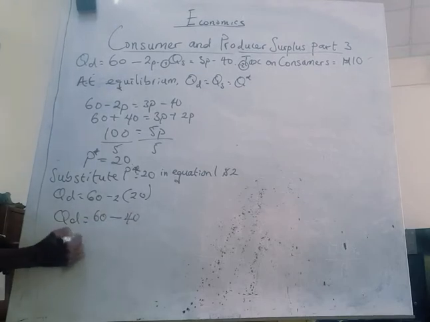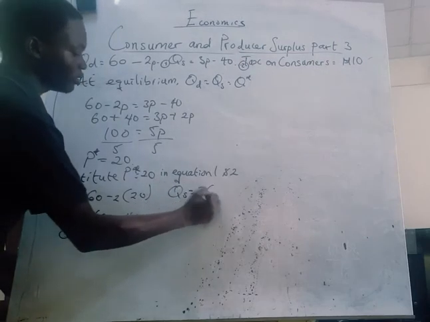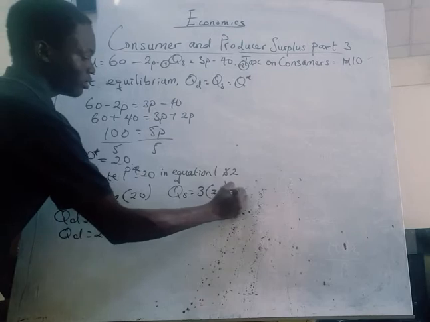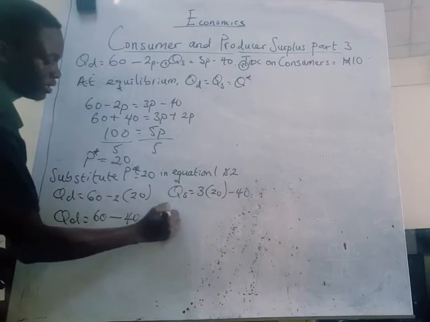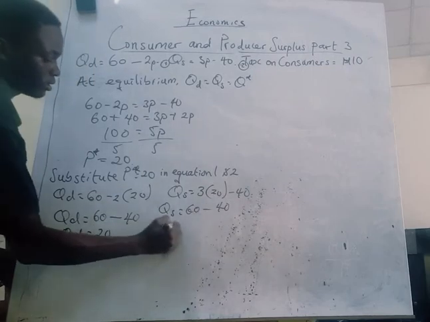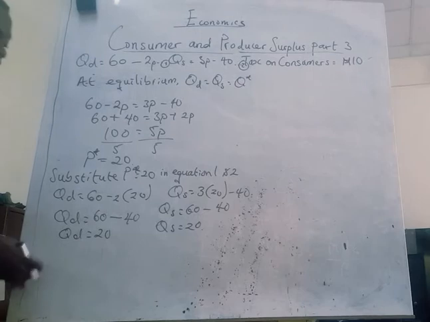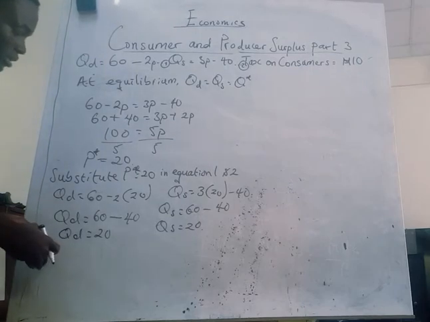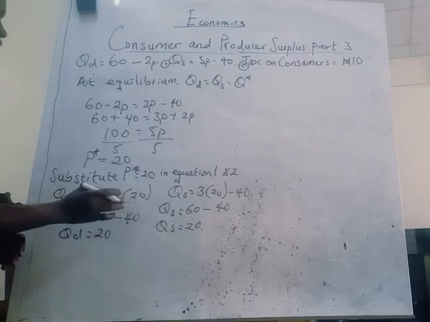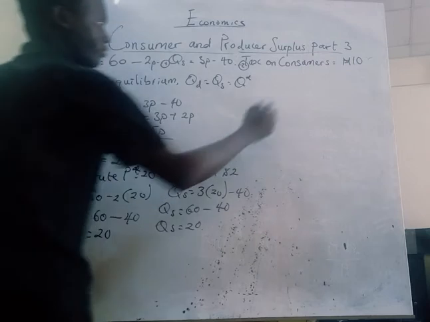So QD now is 20. So let's try our supply function out. QS is equal to 3 into bracket 20, then minus 40. So QS equals 60 minus 40, and then QS equals 20. Good. So our quantity demanded is equal to our quantity supplied, which is what was stated here. 20, 20. We now plot our graph.